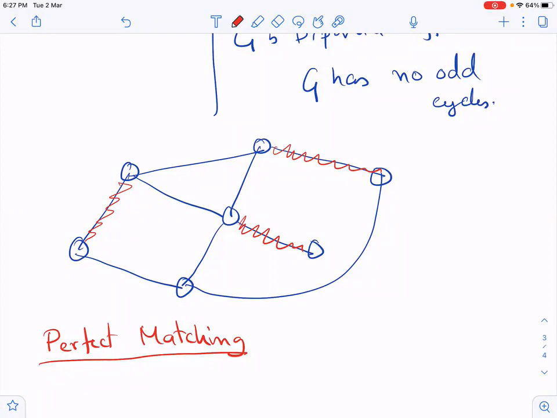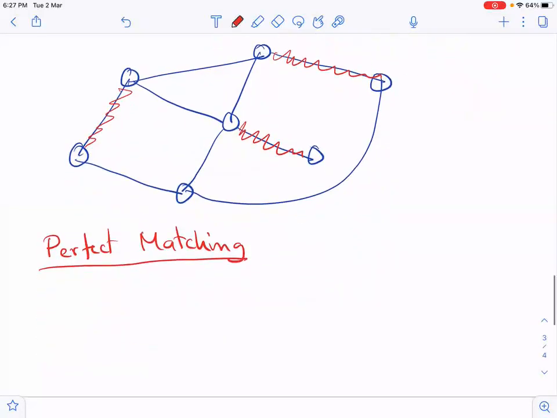But another property a good matching should have is that every person should be given a room. Let's say ISI has this weird rule that one room has to be shared. If something is not shared, then it is not possible.